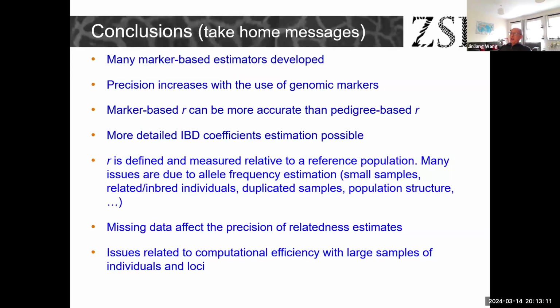So I guess after this discussion, we can have some conclusions or take-home messages. One is that there are a lot of marker-based methods available, and they are used in estimating relatedness in different applications. They are based on different assumptions, and they have advantages and disadvantages.